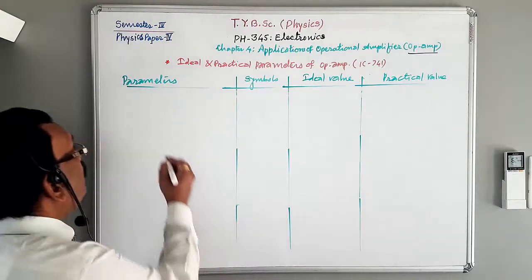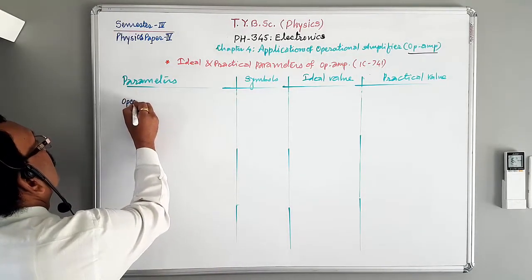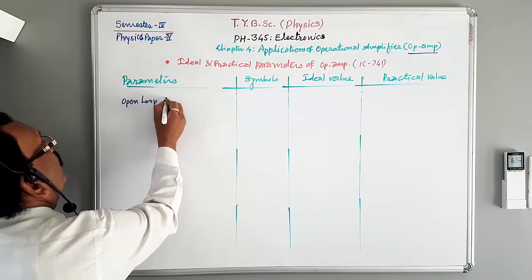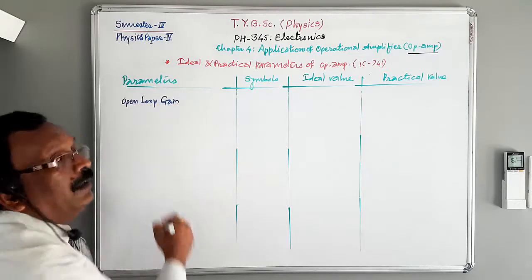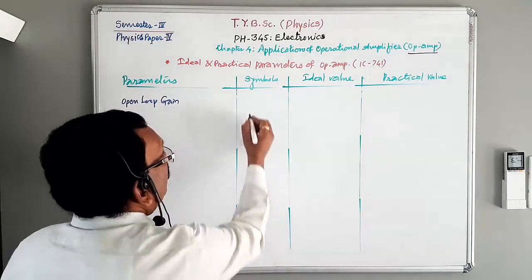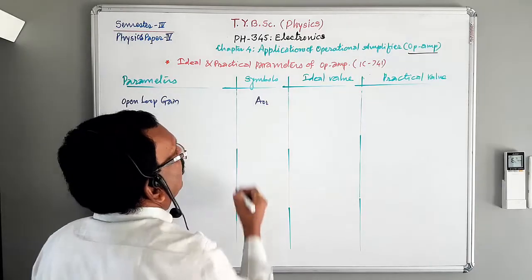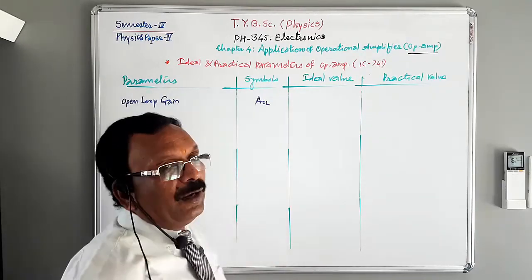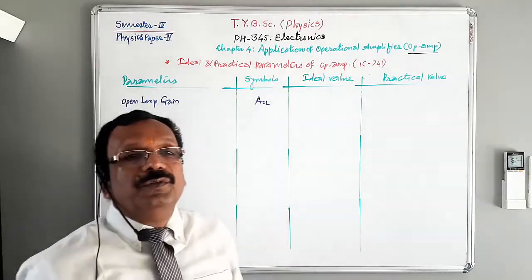First parameter, open loop gain. Symbol is AOL. A is the symbol for gain and OL stands for open loop.